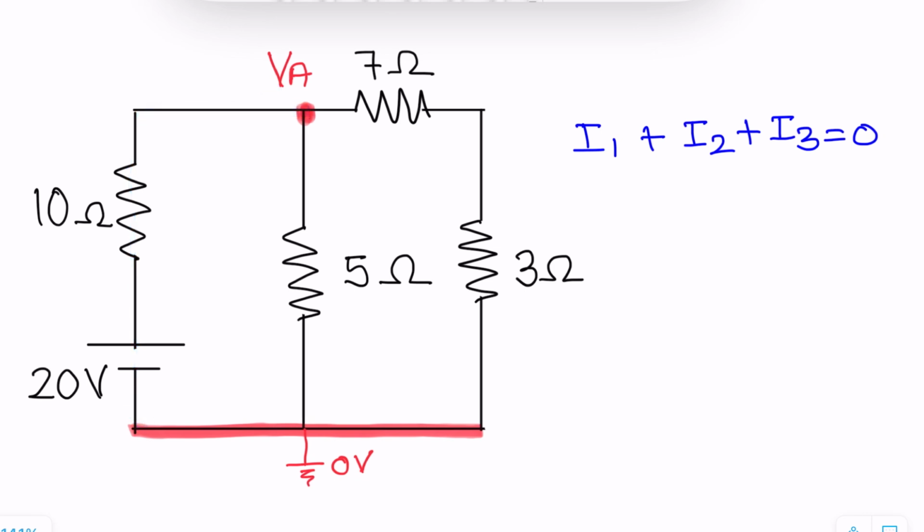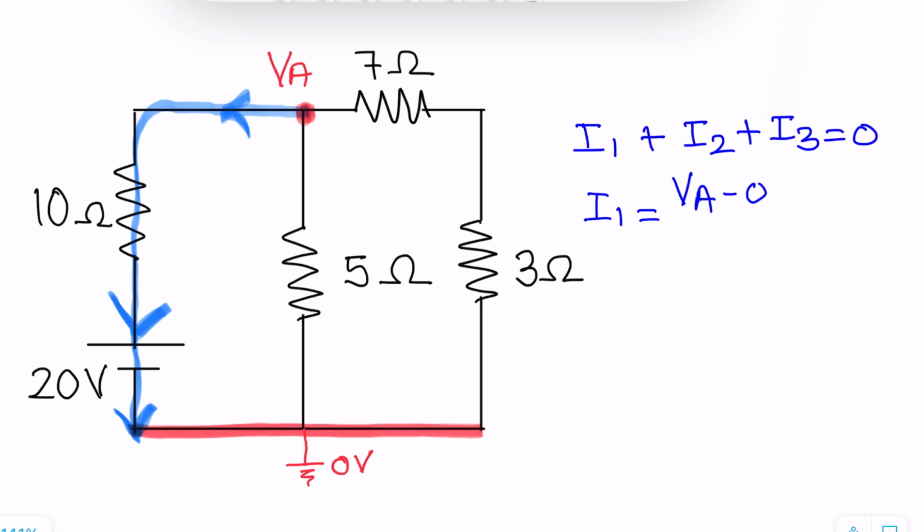So the I1 equation, how to develop the equation? I1 will become VA minus 0. The another voltage that is coming in the path is 20 volt, and we can see our assumed direction of current is reverse that of the current direction of 20 volt.